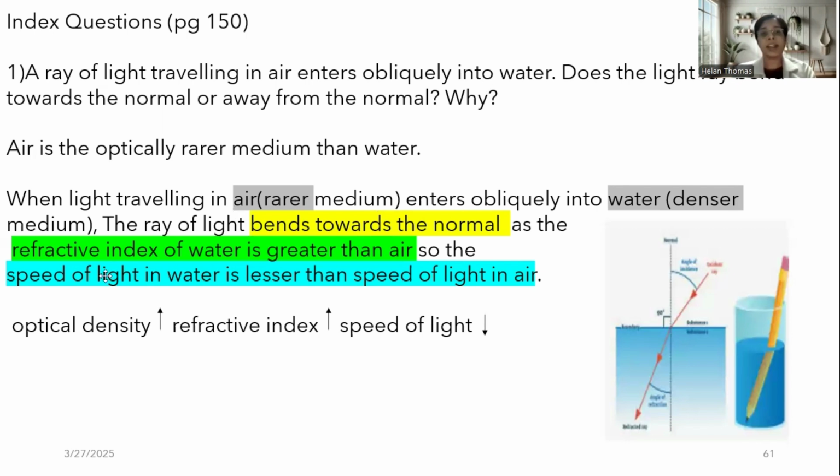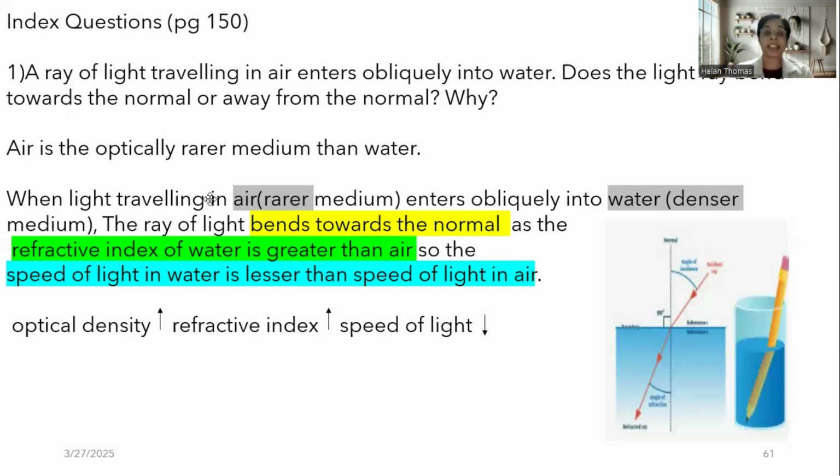So here you will have to mention the key points which the examiner will be looking at. Here, a ray of light traveling in air enters obliquely into water. The question is whether the light ray bends towards the normal or away from the normal.